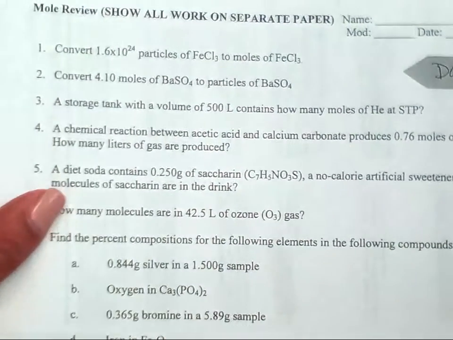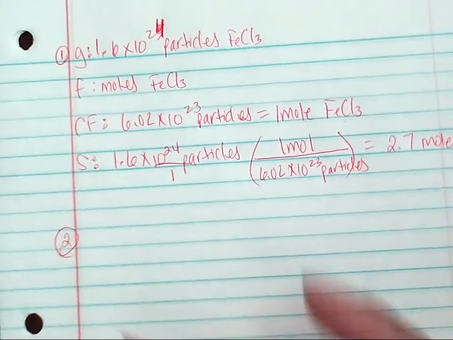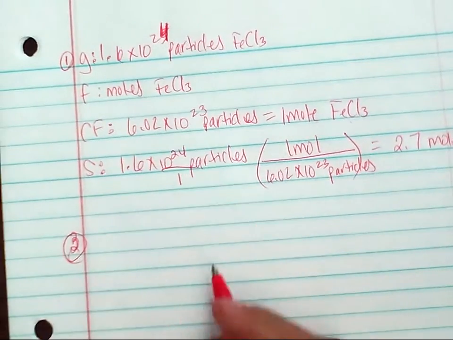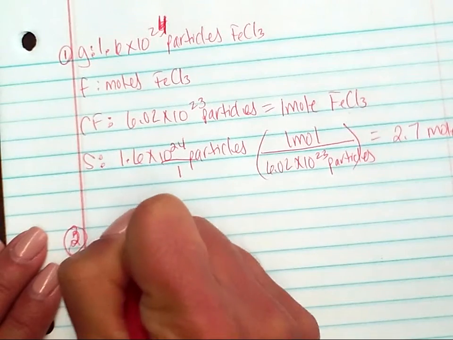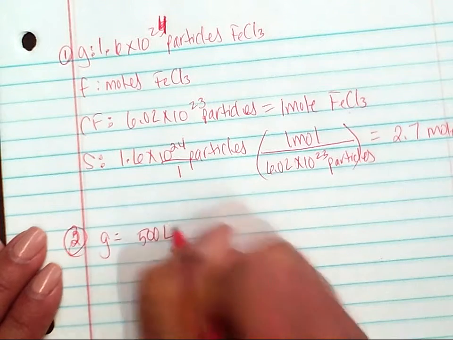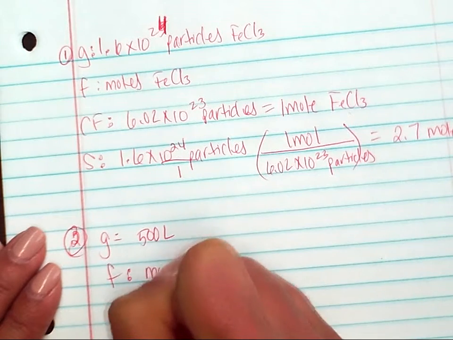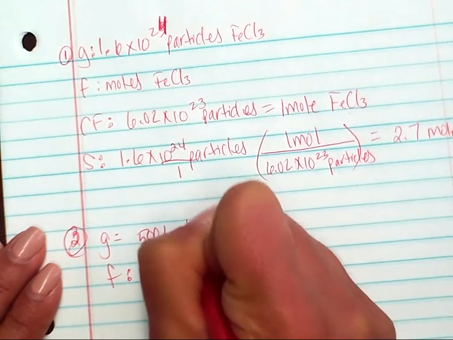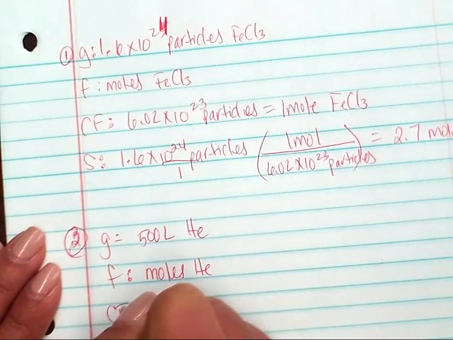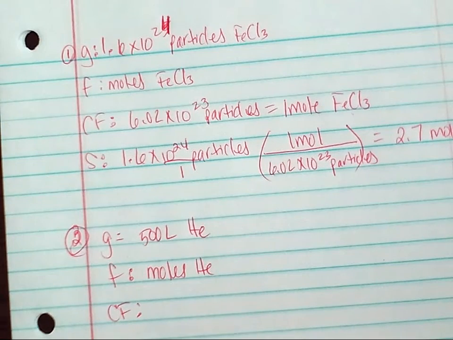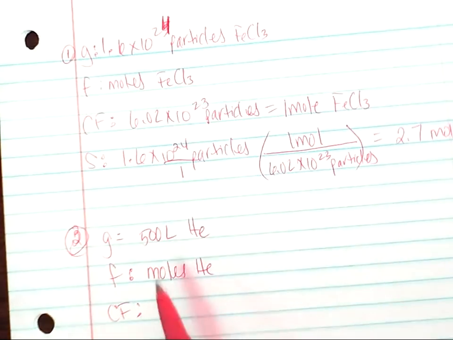Okay? So for number 3, we are given 500 liters. We're trying to find moles of HE. The conversion factor, you would have to look at the triangle to see what the relationship is between liters and moles.